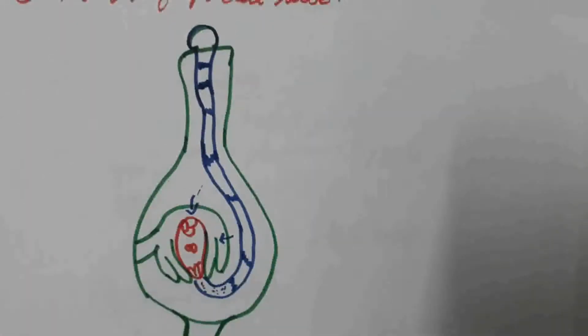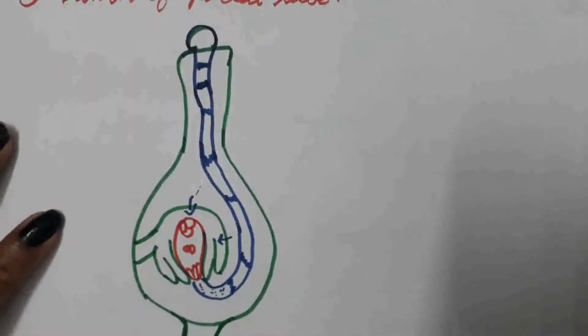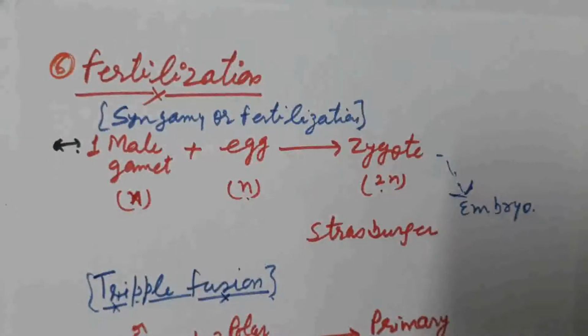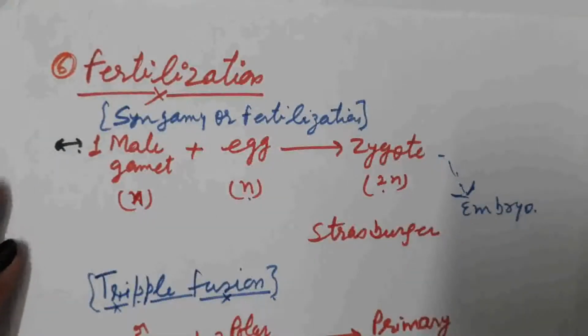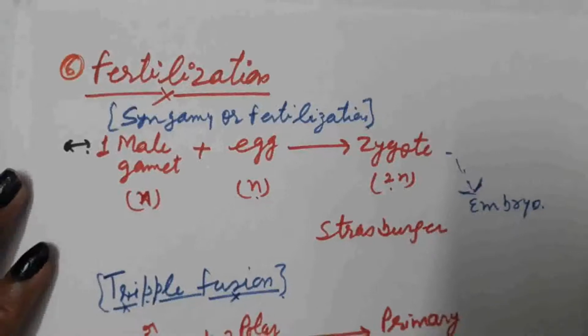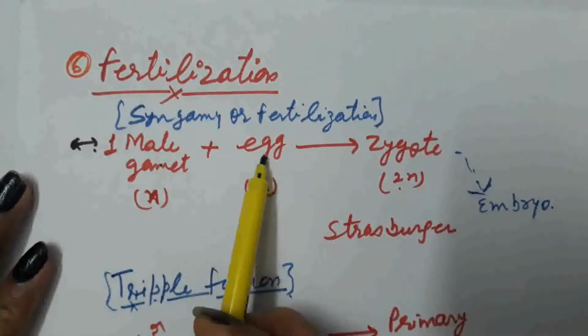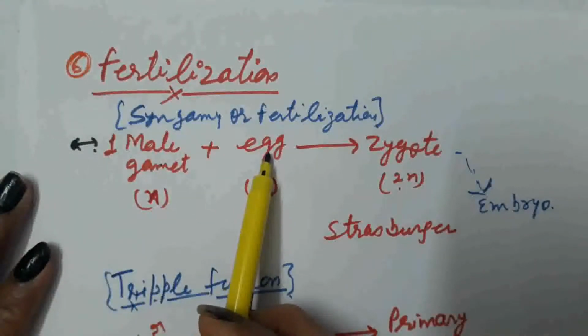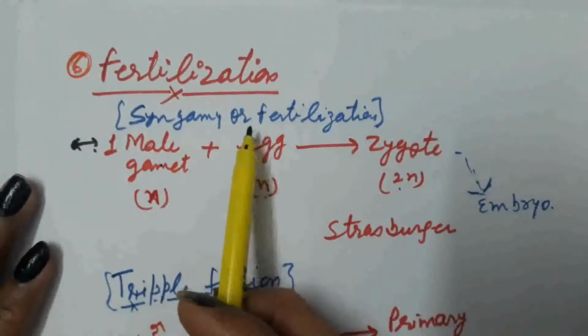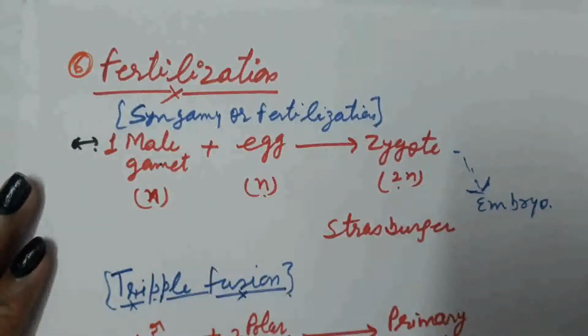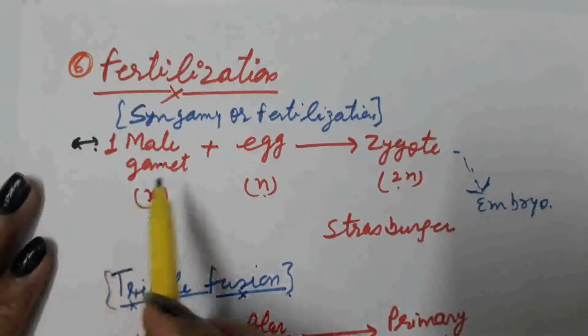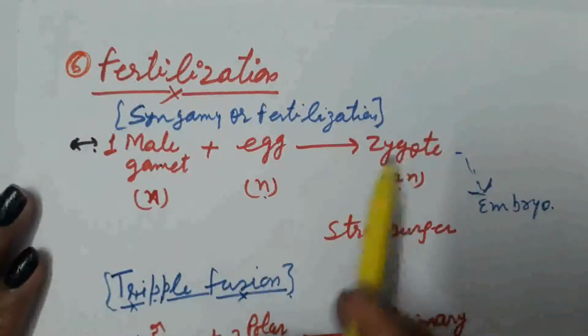Now we are discussing the next step, that is how fertilization takes place inside the embryo sac. One of the male gametes fuses with the egg cell. This process is known as syngamy or fertilization, which was described by Strasburger. And by the fusion of male gamete and female gamete, what is formed? Zygote is formed.